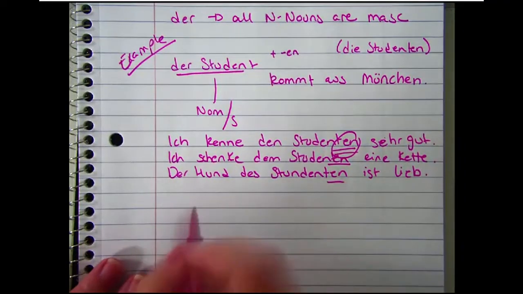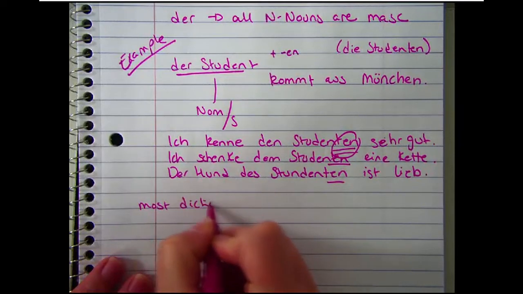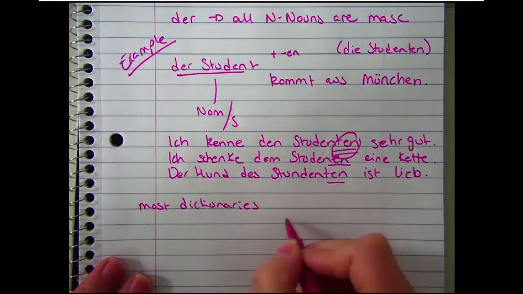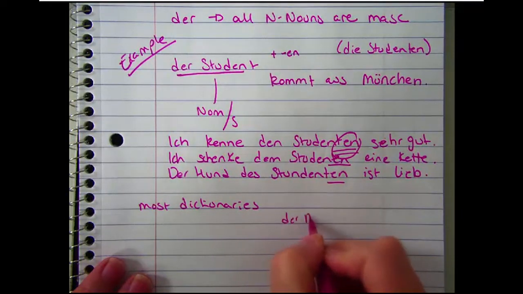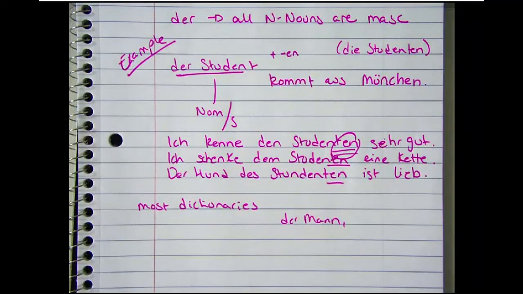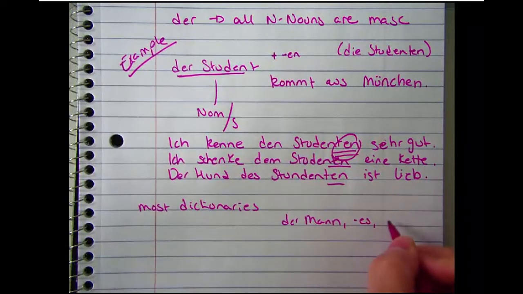However, most dictionaries, if you end up using one, will give you a word. So let's say der Mann is your word. And then they're typically going to follow that word with your genitive ending and then with your plural ending.